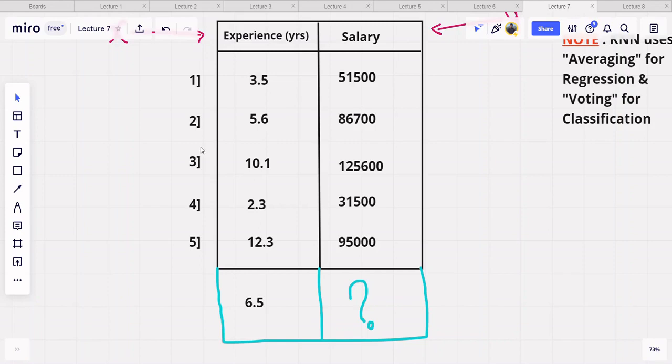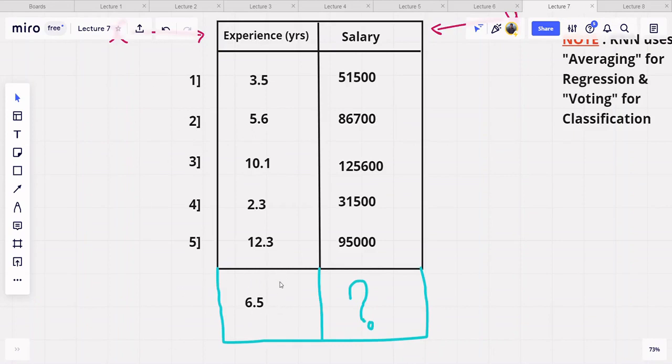So let me repeat this again. Our main problem here is that we want to predict salary given experience, and this is a regression problem. We want to predict the salary of a person whose experience is 6.5 years. So what we'll do is look for values which are close to 6.5.